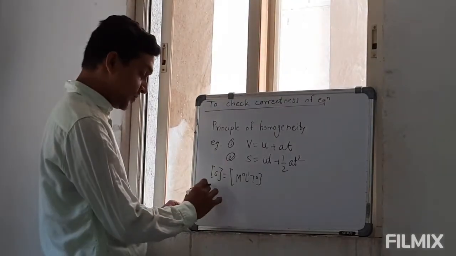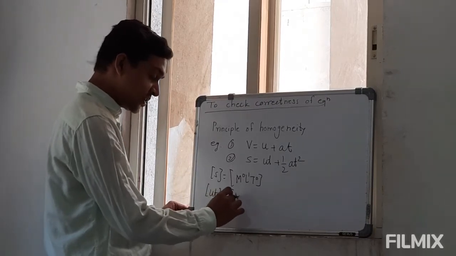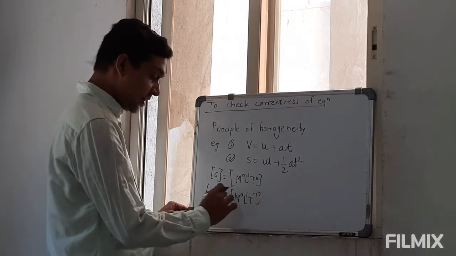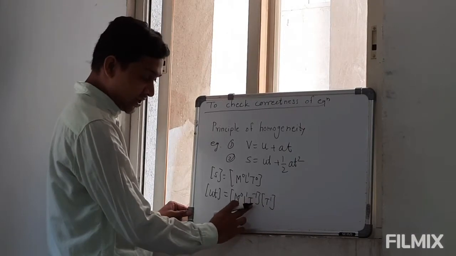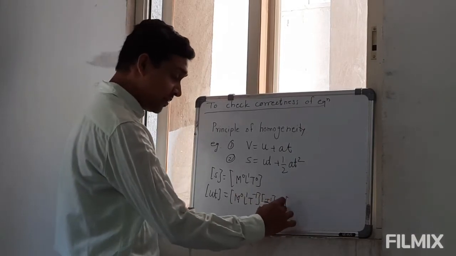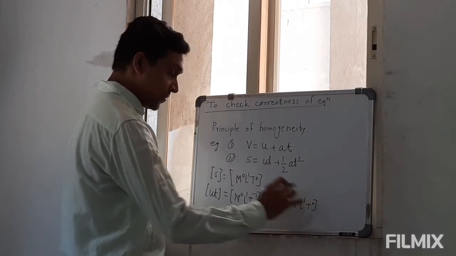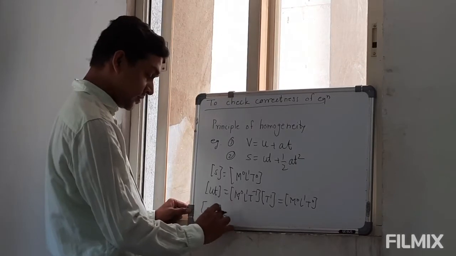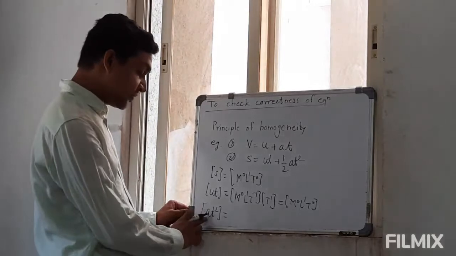Second is UT. U stands for initial velocity into time. Velocity has dimensions L1, T minus 1, and time has the dimension T1. So easily we can say that T minus 1 times T1 becomes T0. So it will remain M0, L1, T0. So next is AT square. A number doesn't have dimensions, so that's why we exclude the half from here.